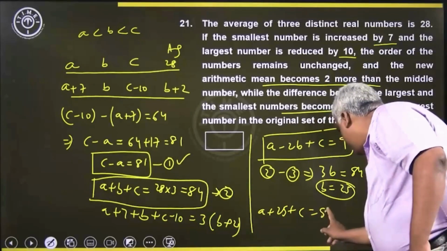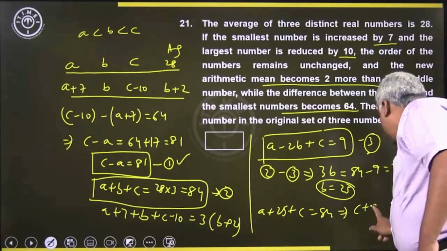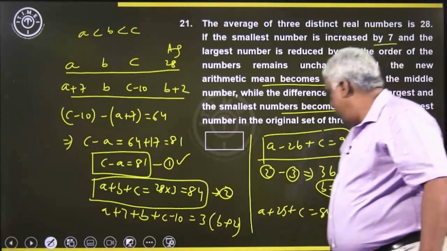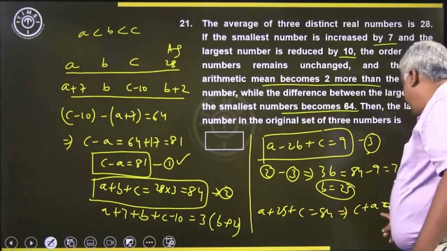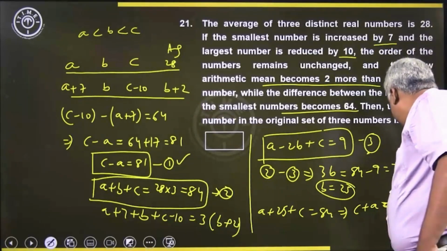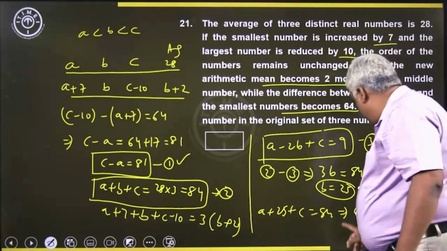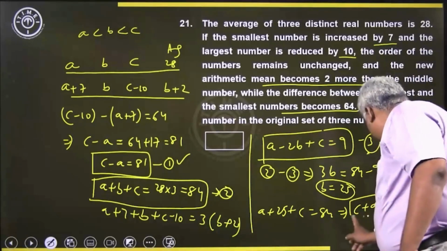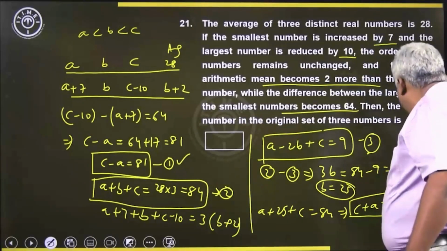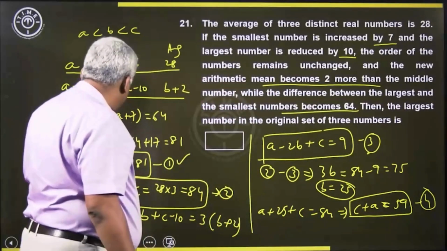From here we get C plus A is 84 minus 25, which is 59. So C plus A is 59; let us call it 4. C plus A is 59, and here we got C minus A is 81.